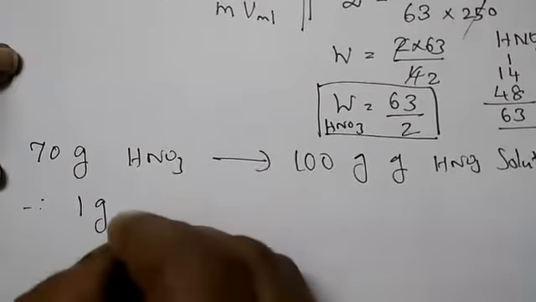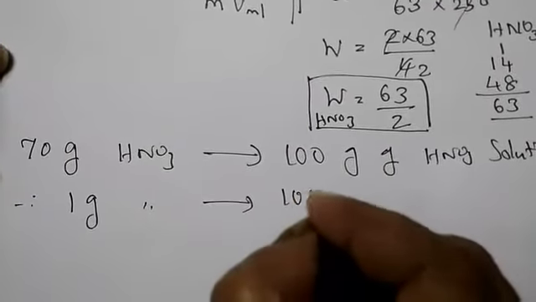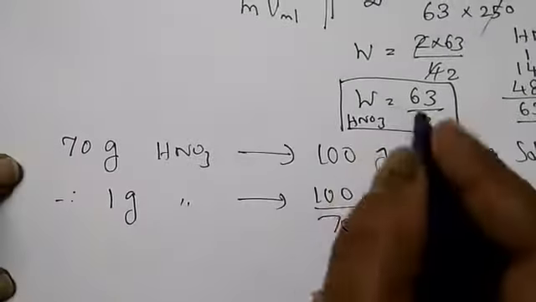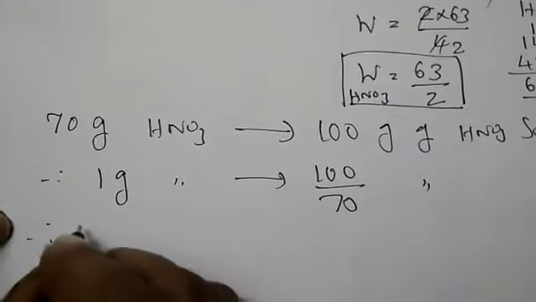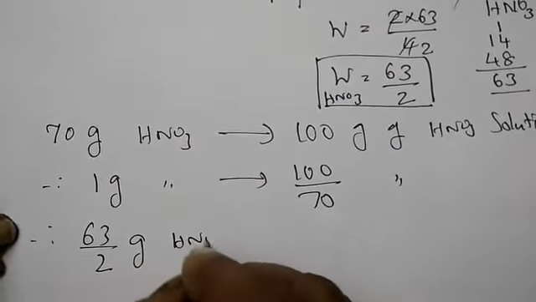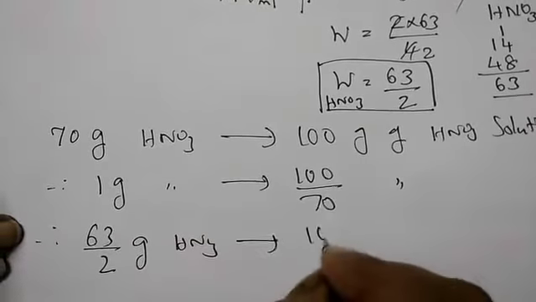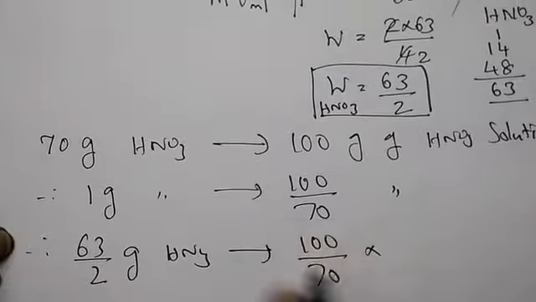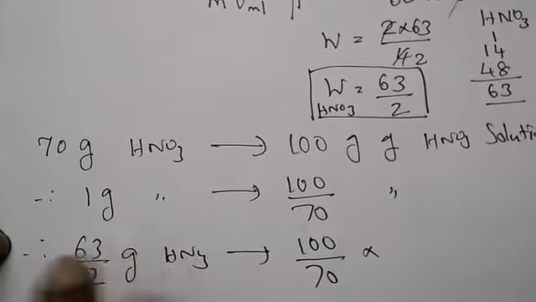Therefore 1 gram of nitric acid you can get from 100 by 70. What is the weight of nitric acid required? Therefore 63 by 2 gram of nitric acid we can get from how much of this solution? This is the weight required.